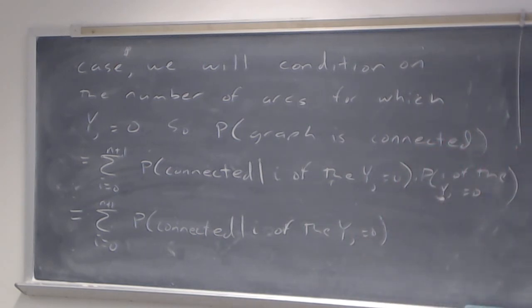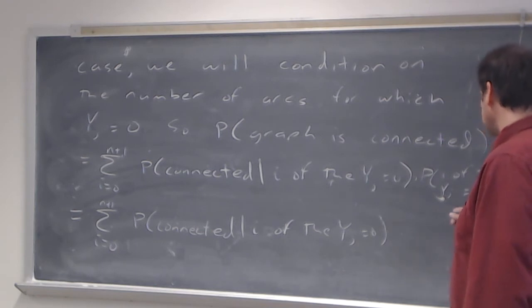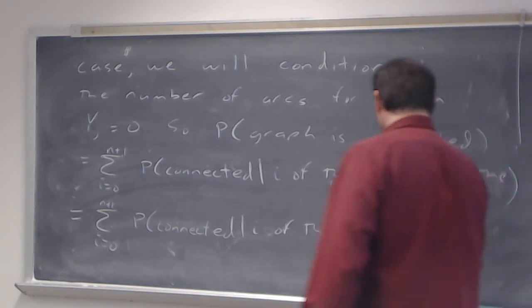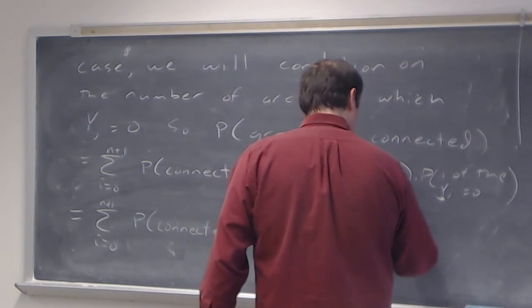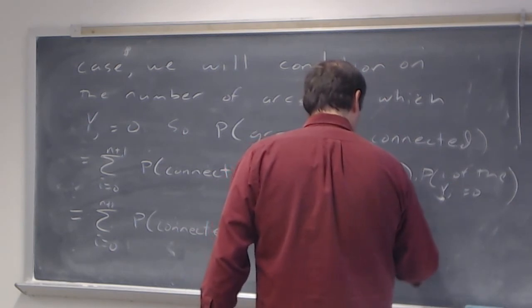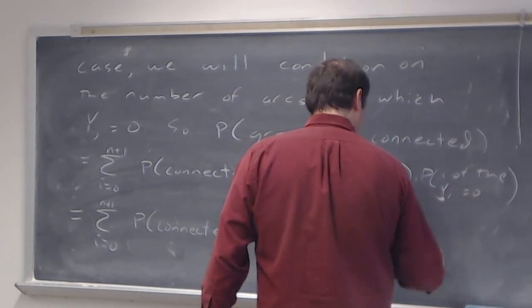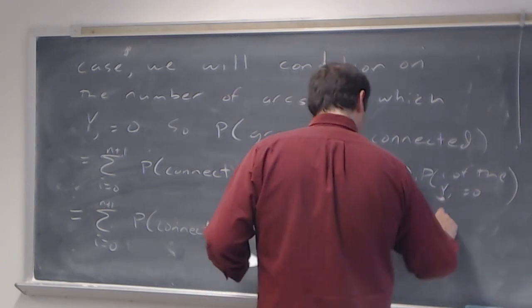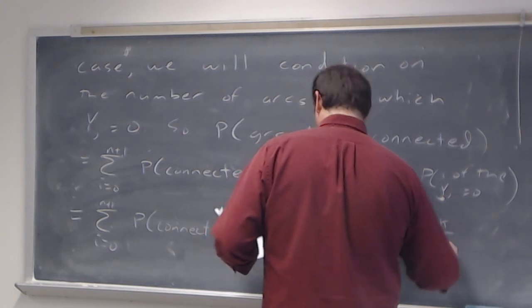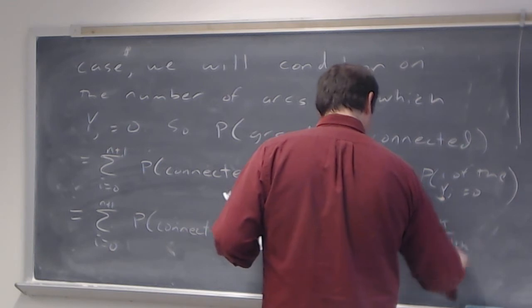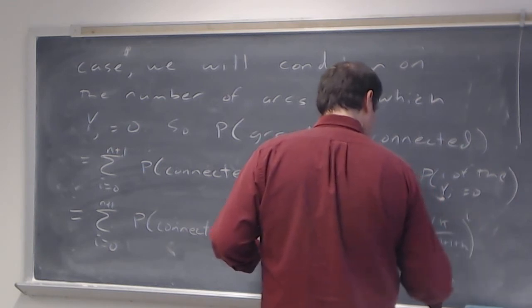Okay, so here's what we do. This becomes a binomial random variable. And so what we have is n plus 1 choose i, times the chance of getting y sub j equal to 0, which was k over n plus 1 plus k, raised to the i.